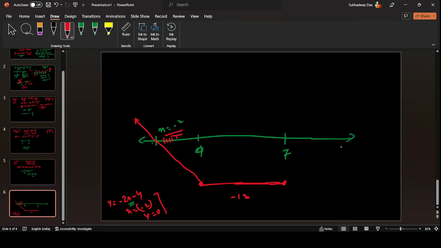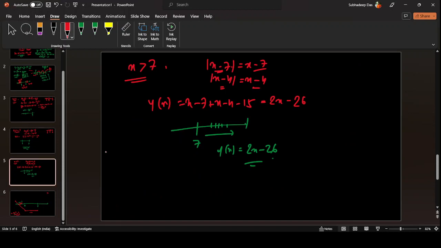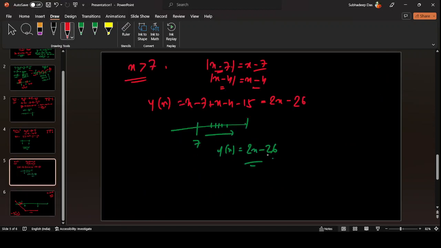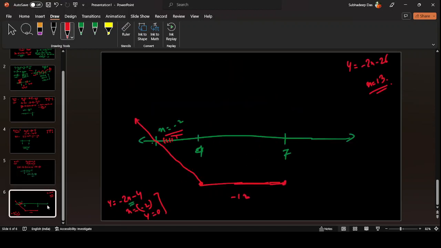And similarly for this region, y equals... hold on, sorry, plus 2x minus 26.